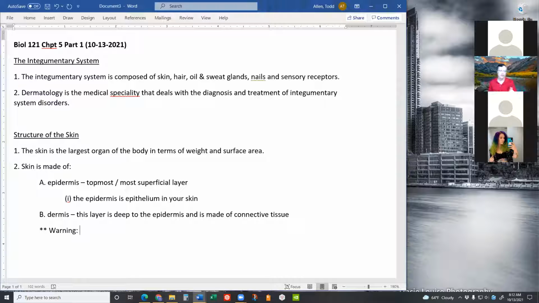You will find that there are educational materials, textbooks, and videos that will say that the skin also includes the subcutaneous tissue. Our textbook says that the skin does not include the subcutaneous tissue. Let me prove that to you, okay?